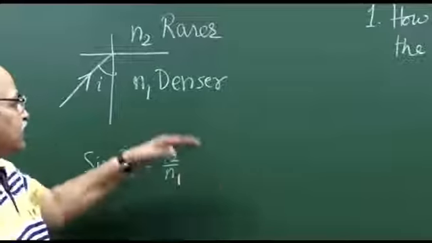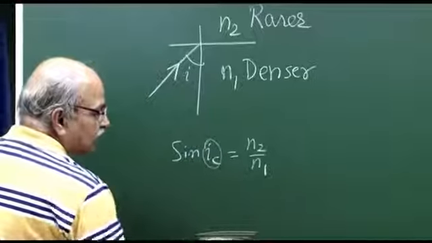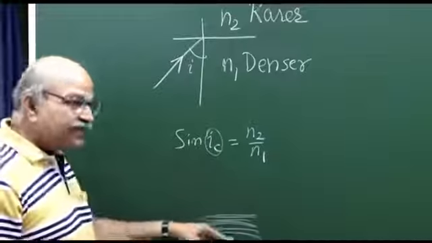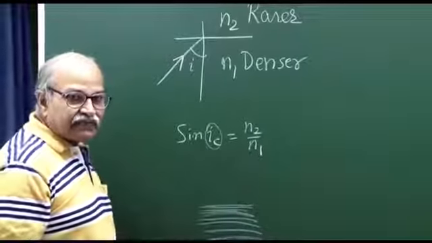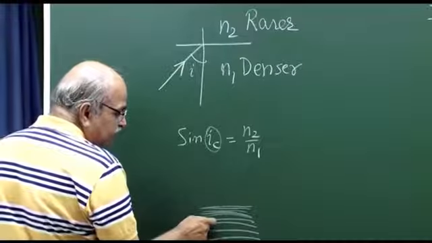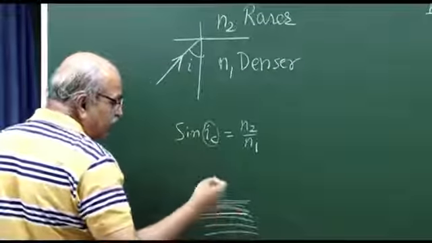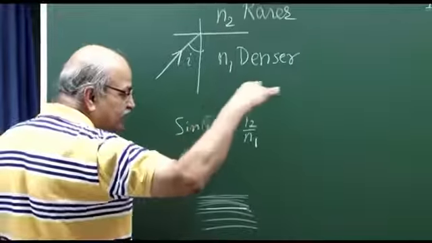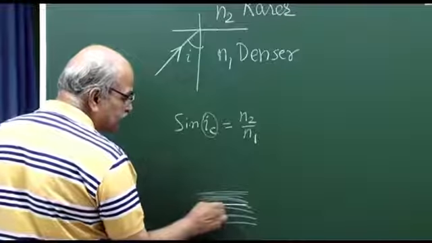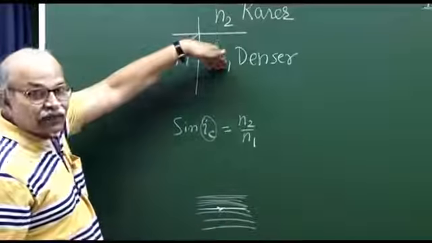Because in our case the layers are horizontal, each layer has a refractive index, different layers have different refractive indices, but when light falls, let us say here, and I am more interested in the part where it is becoming horizontal, what is that N2 and what is that N1?